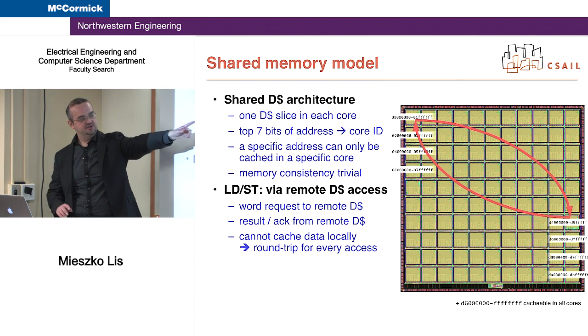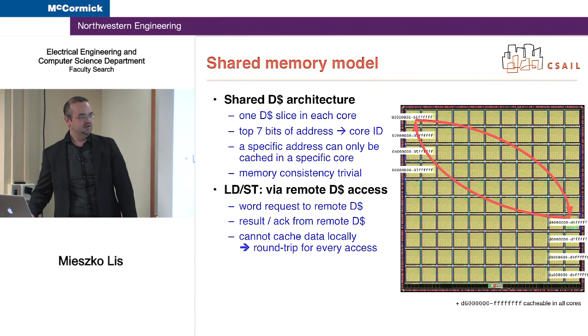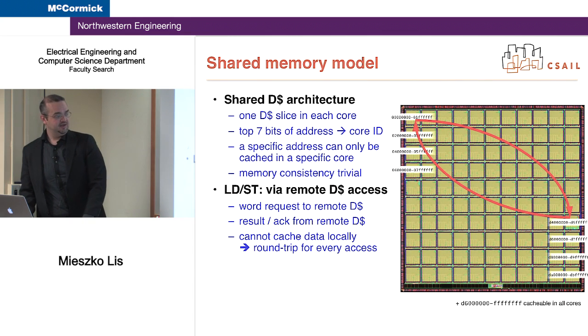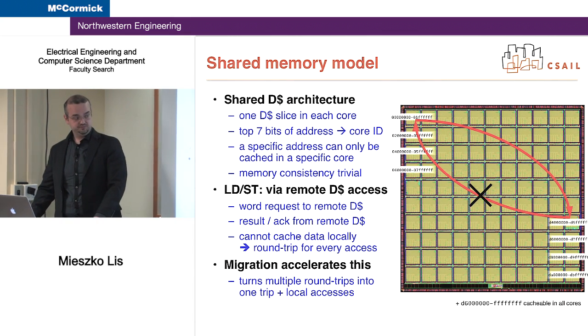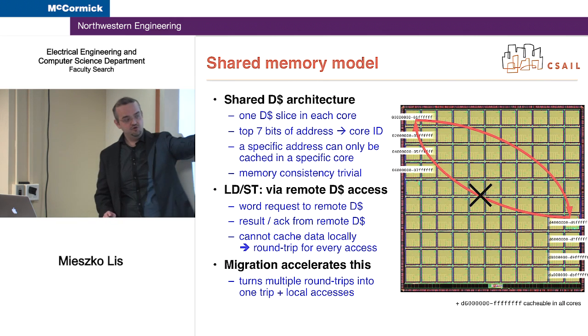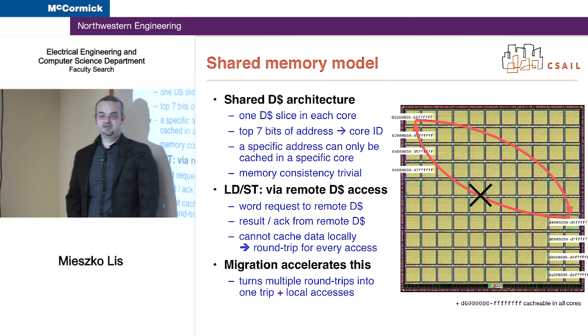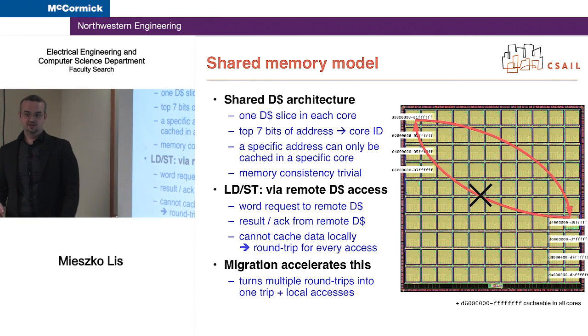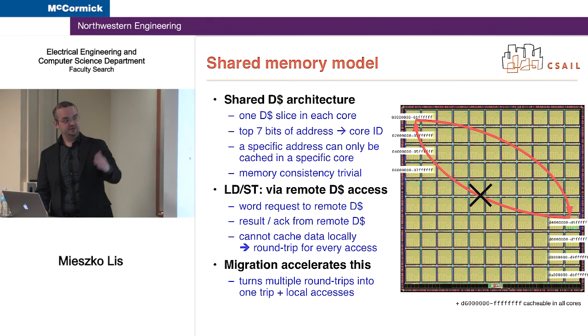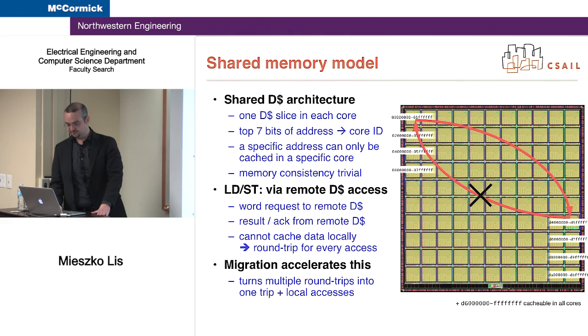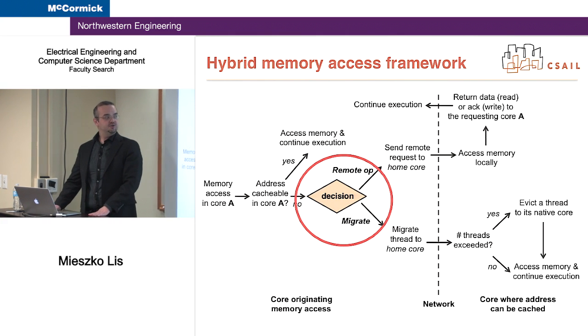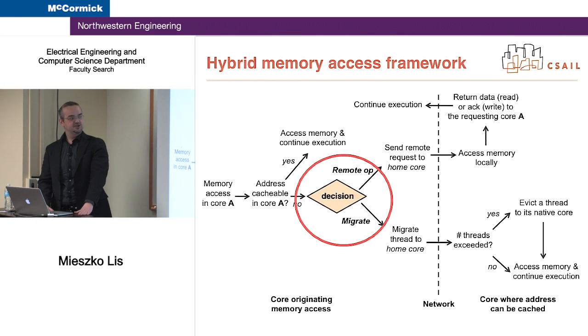You do the load, hardware sends a message and receives a response at word level, and we basically use migration to remove these repeated round trips, and just make it into one trip, and then amortize the cost by making lots of local accesses.